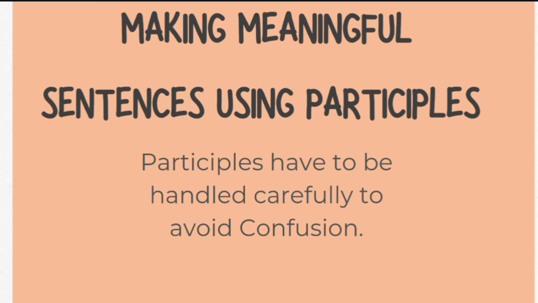Next is making meaningful sentences using participles. You know what? Participles have to be handled correctly. Used in the wrong place, the meaning of the sentence will change, which will obviously lead to confusion. For example, traveling to the hills, the weather got colder and colder.